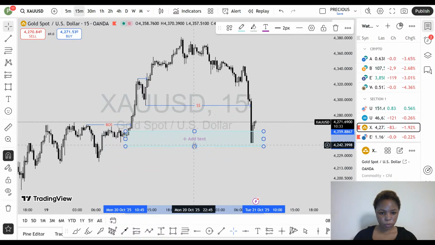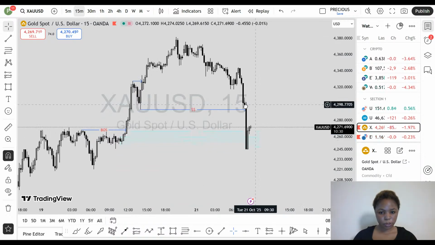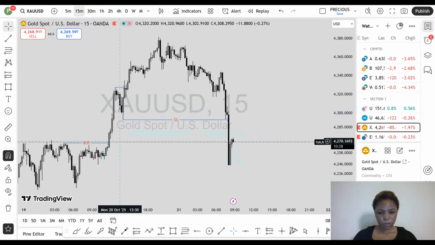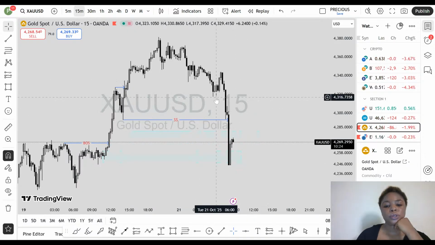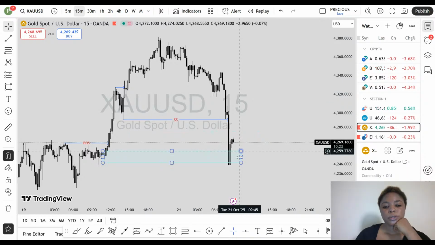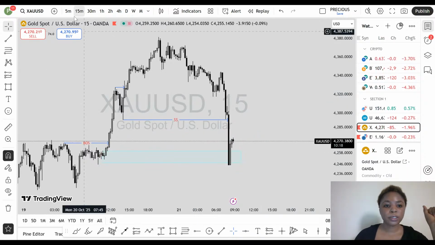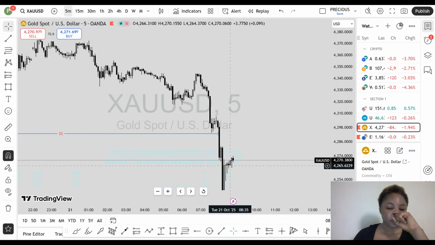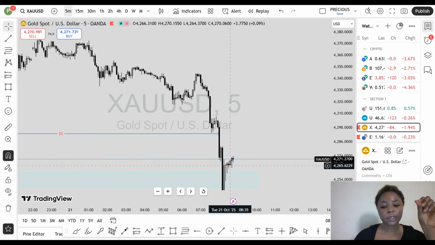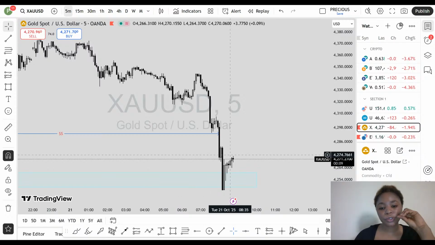The price came down all the way here, mitigated our order block, and I really wanted to show this to you guys. So for now, the only trade we can join is this. But first of all, let's see if we have a change of character, an internal change of character, not external. An internal change of character, a break of structure.